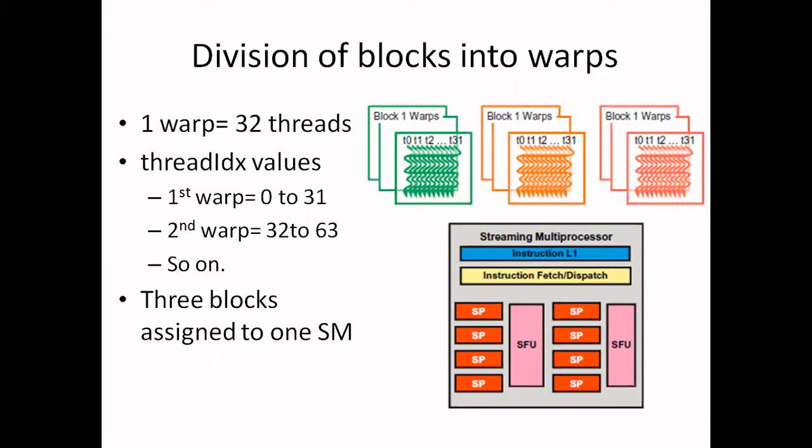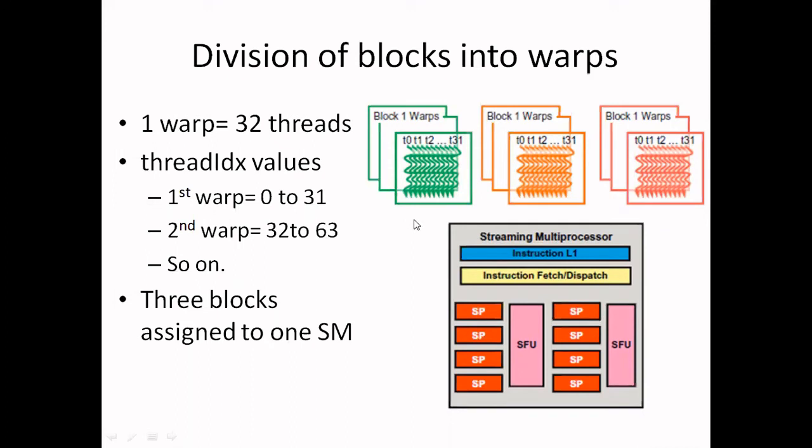So let us assume here is a streaming multiprocessor and we are assigning 3 blocks to it. Let us consider the first block.